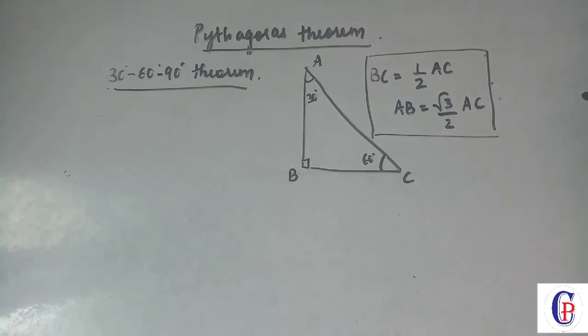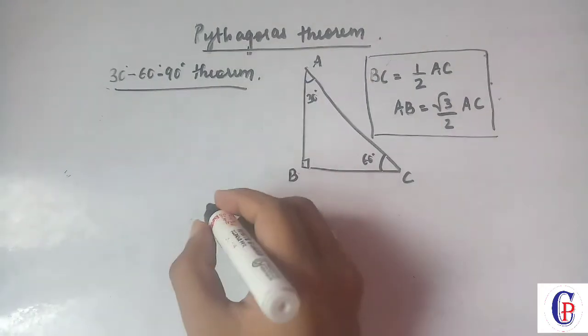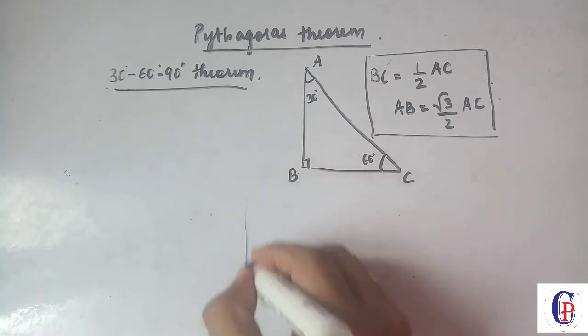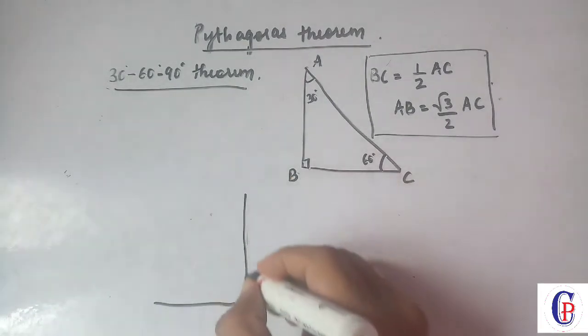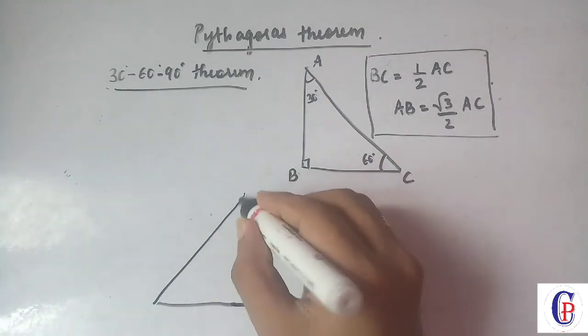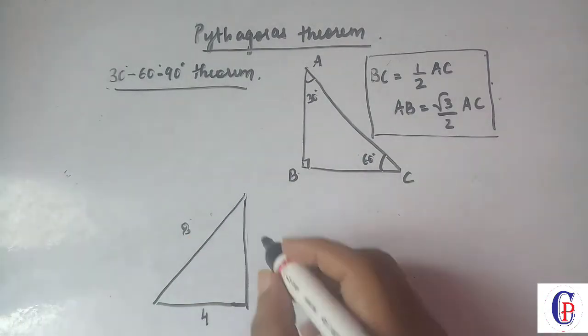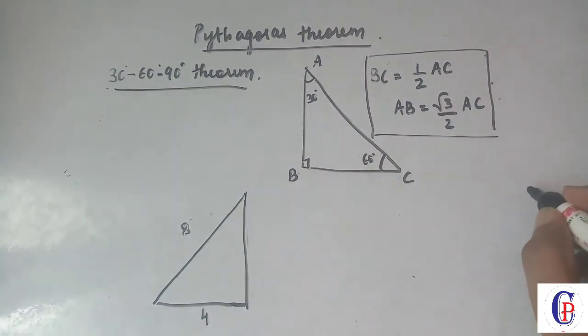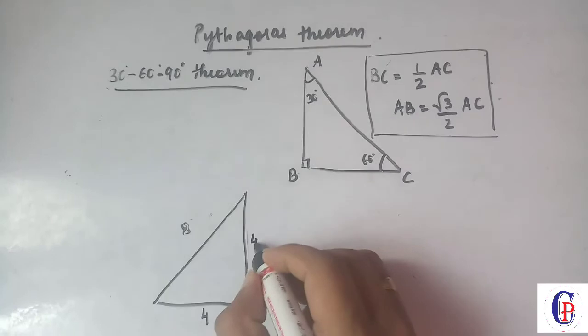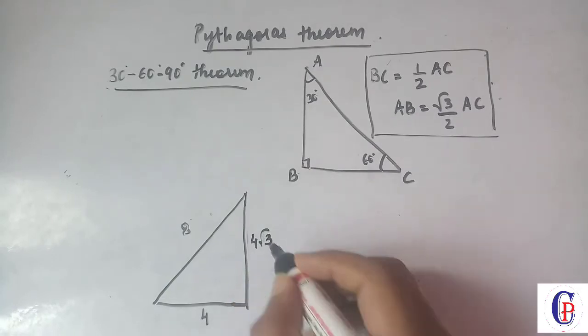For example, if they have given you a triangle where this side is 8, this is 4, and suppose this is 4 root 3.